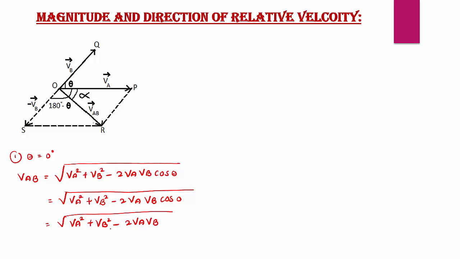Now you can observe this equation. It is of the form A minus B whole square: A square plus B square minus 2AB. So instead of this equation I can write (VA minus VB) whole square. Square root of (VA minus VB) whole square, so the square root will get cancelled. We will get VA minus VB. VAB is equal to VA minus VB when theta equals 0 degrees.